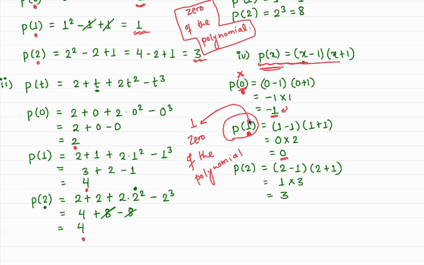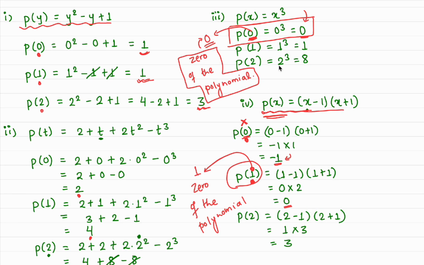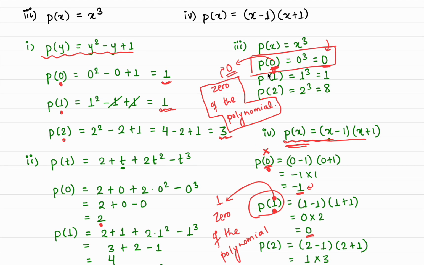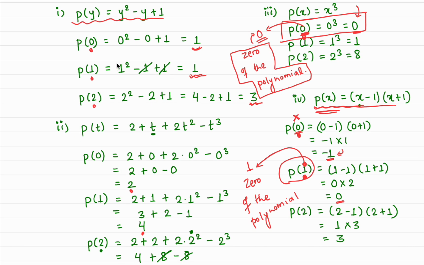In our question number 3, 0 itself is the zero of the polynomial. In our question number 1 and 2, we don't get a zero of the polynomial because all the answers are some numbers, they are not 0. So we have 2, 4, 4 over here.